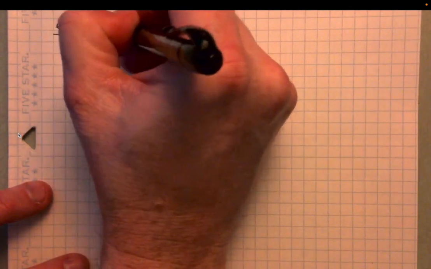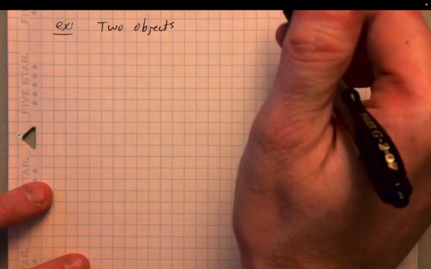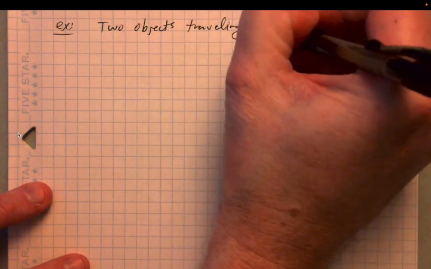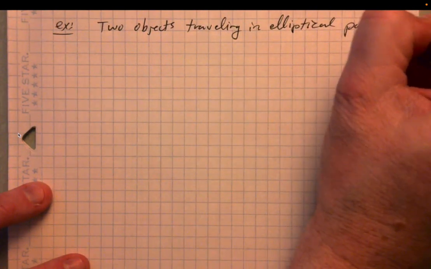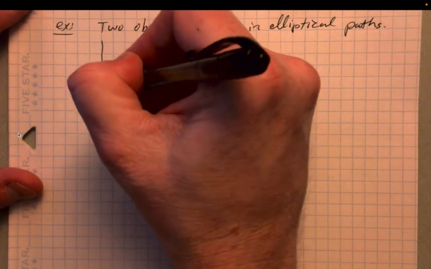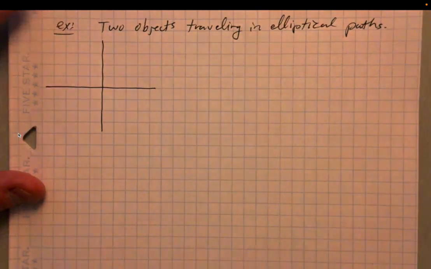So let's say we have two objects traveling in elliptical paths. Let me just kind of draw a picture of what these things are doing first, and then we'll flesh out precisely what equations they obey.